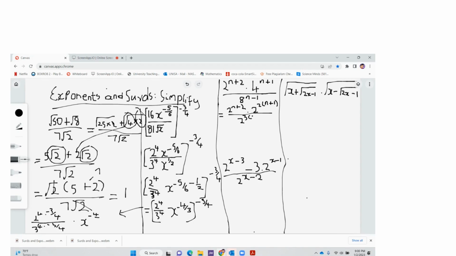Exponent n minus 1. Okay, so this will be 2 to the power of n plus 2 multiplied by 2 to the power of 2 times n is 2n, 2 times 1 is 2.